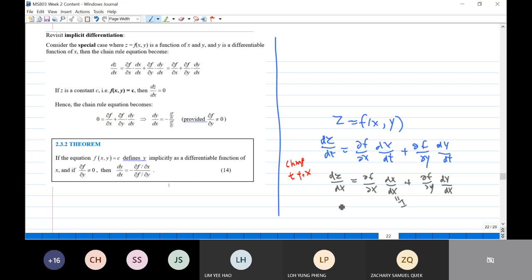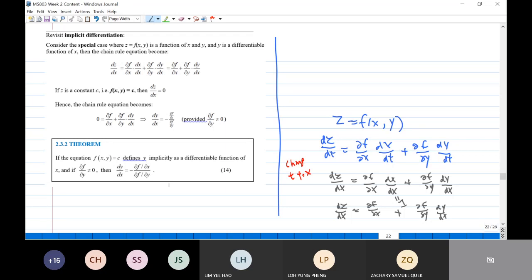So you have dz dx is equal to df dx plus df dy dy dx. Okay, so it becomes like this.